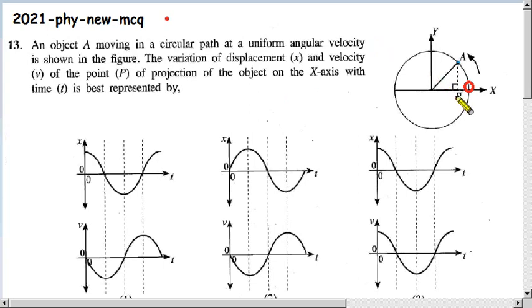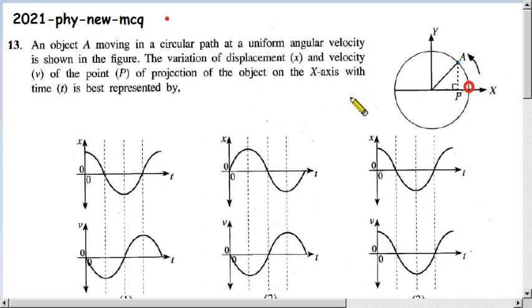Point P has simple harmonic motion like this, left and right and left and right. We said to and fro. So this object moves along the circular path, but this point P has a simple harmonic motion.